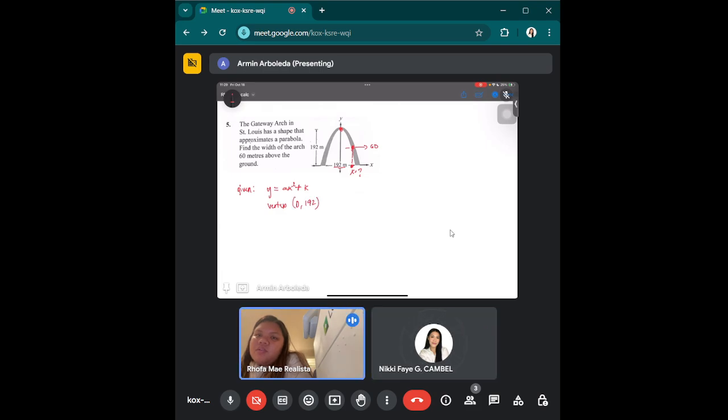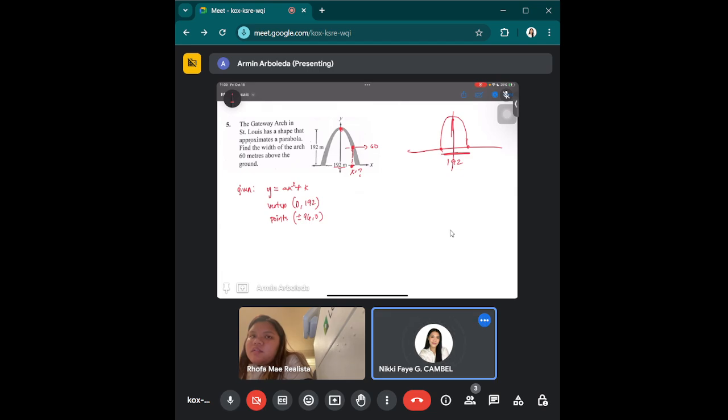Okay, now we have the vertex, and with this given, we also have the 192. It's actually kind of the same problem as the previous one. If the width here is 192, what's gonna be this point and this point? 96. So we have the points positive or negative 96 and 0.